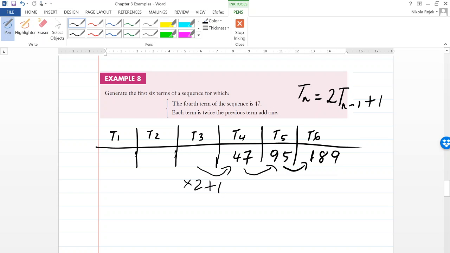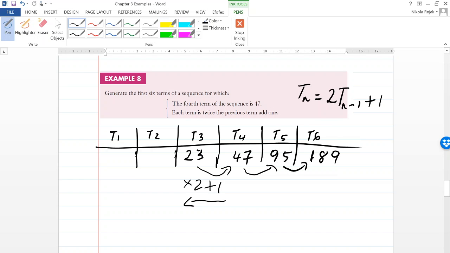So if you were to go backwards, all you'd have to do is take 47, take away 1, and then divide by 2. So do the exact opposite. 47, take 1, divided by 2. So that's going to get us 23.